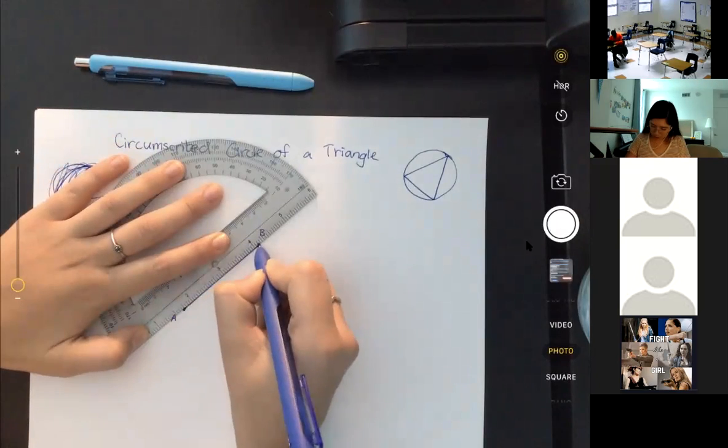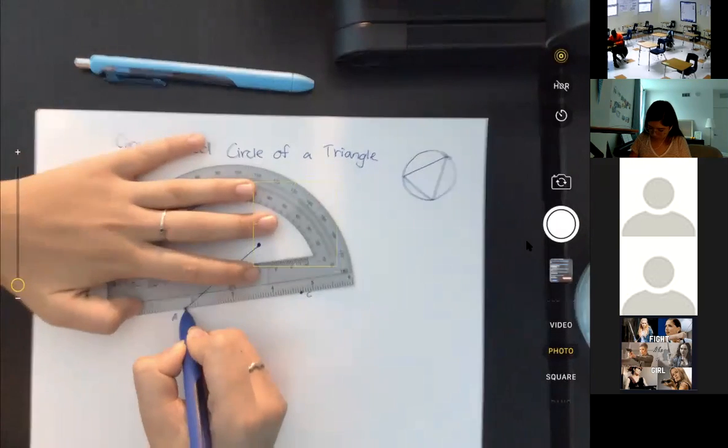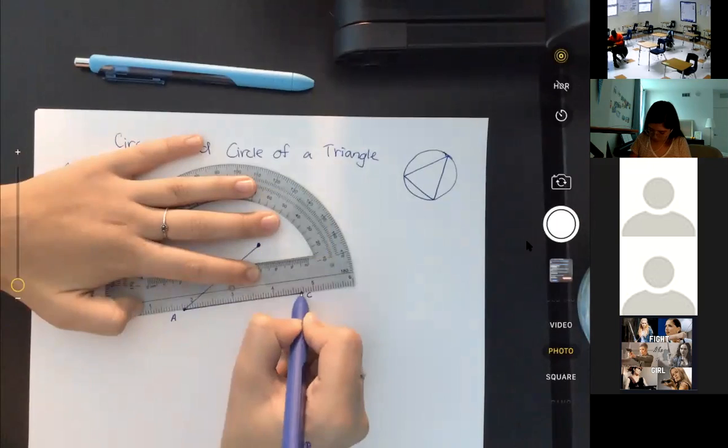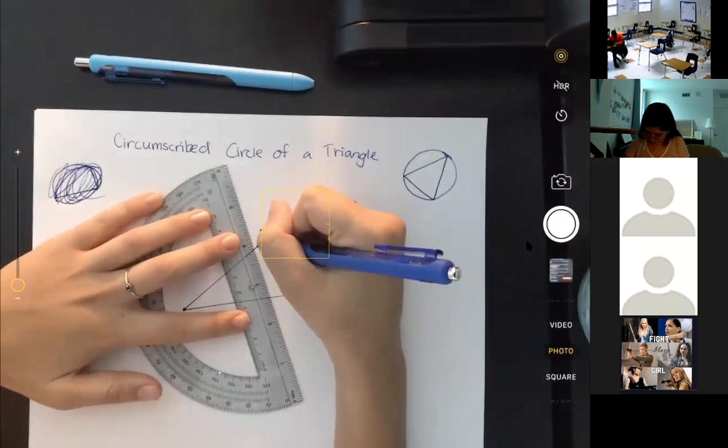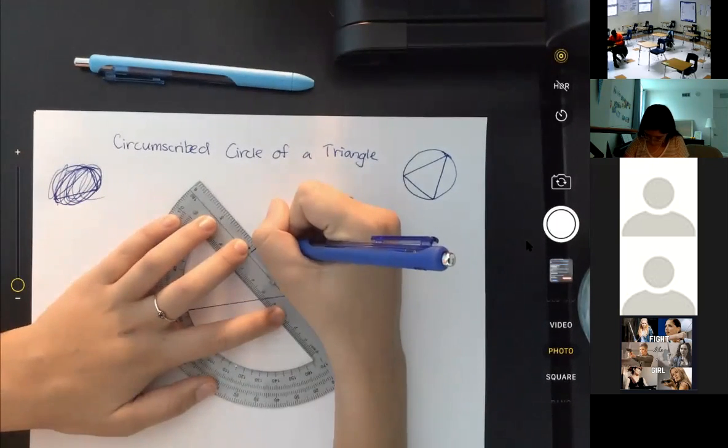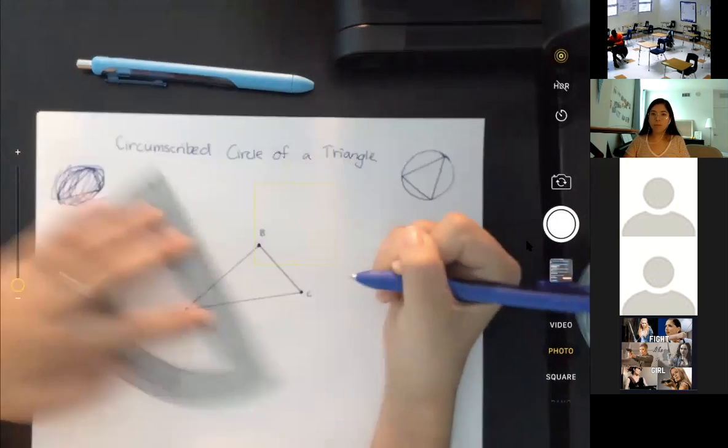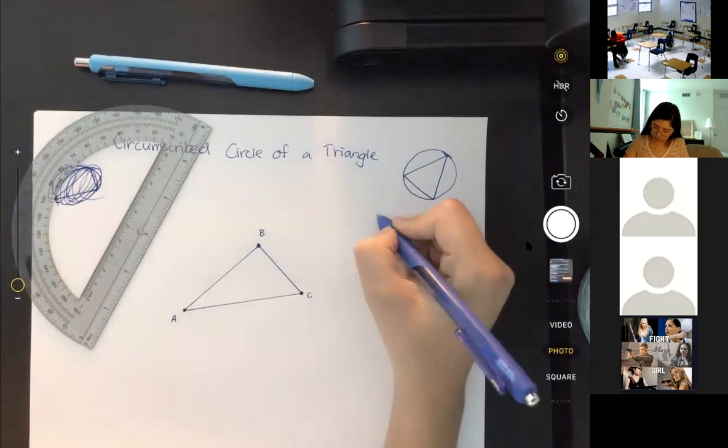And we're going to connect those dots. All right, so step 1 is simply to make a triangle.